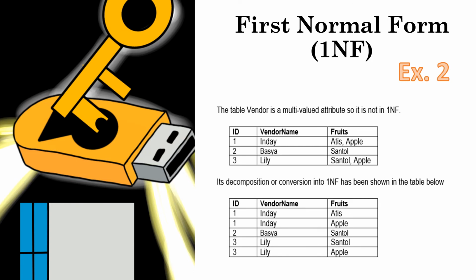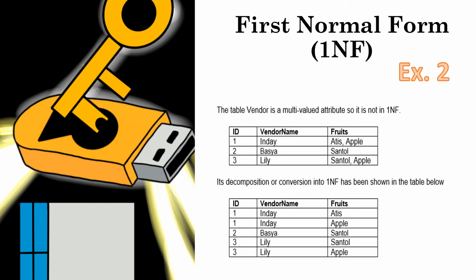Next, the next example of the first normal form. It does not eliminate redundancy, but rather it eliminates the repeating group. For example, the table vendor is a multi-valued attribute, so it is not in first normal form.